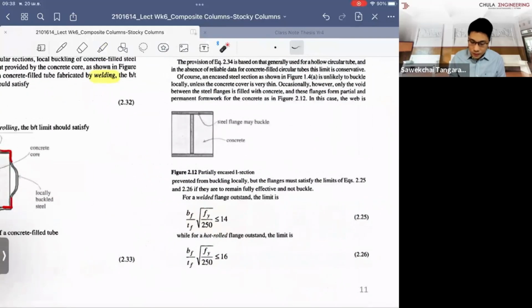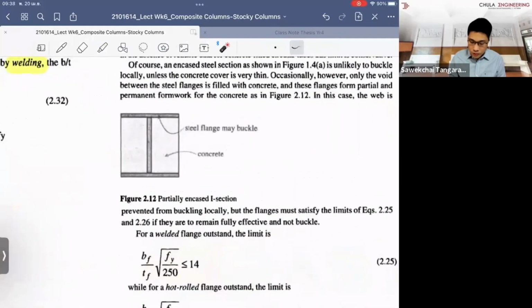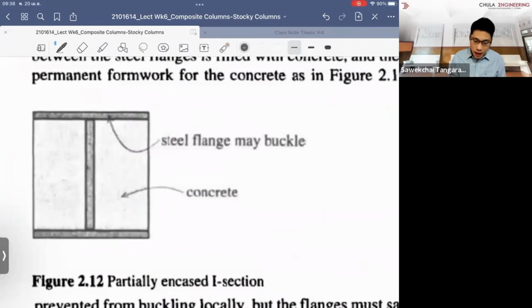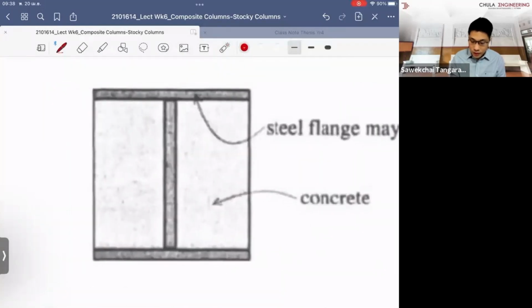For example, this is very interesting. You might see in this column here, we use it quite sometimes. For example, we have the I section and we only fill the concrete to the side of the web. When we fill the concrete to the side of the web, listen to me carefully. What happens is it will provide the restraint or the confinement that prevents the local buckling of the web only.